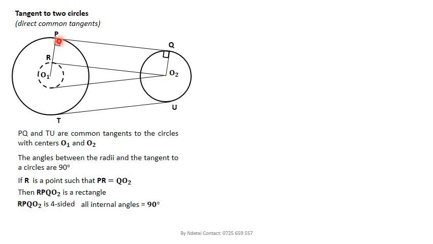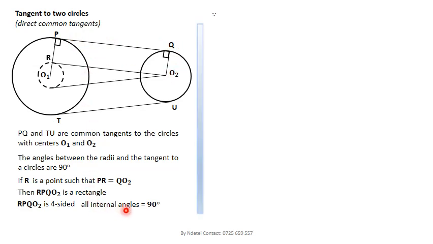So the angle at P is 90, the angle at R is 90, the angle at Q is 90. That means in a 4-sided figure whose internal angles should add up to 360, 3 of them are 90, and that means it's 90 times 3, which is 270. The last one should also be 90, so that we have a total of 360. And therefore, essentially, PQO2R is actually a rectangle.